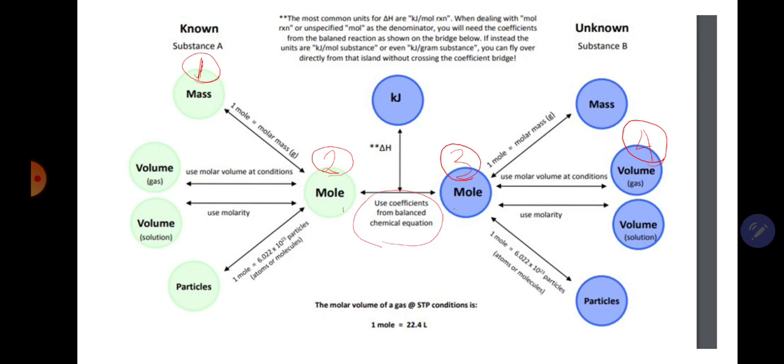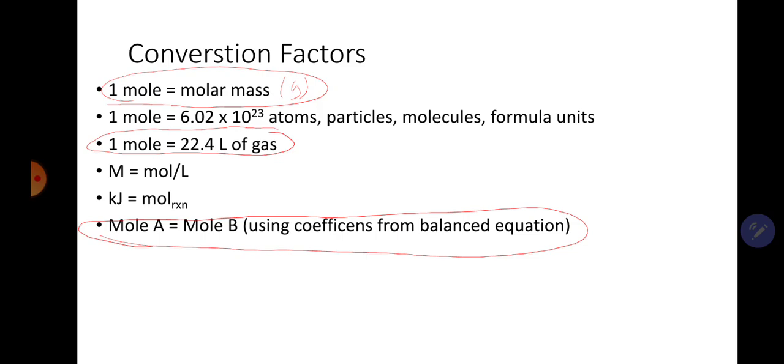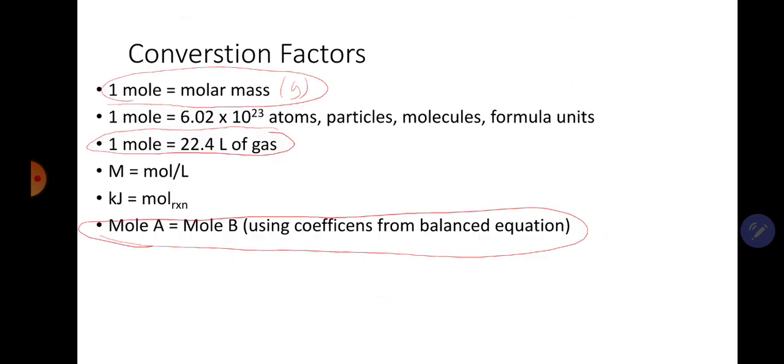The map says use coefficients from balanced equation. That's going to be this one right here. But at the end of the day, I don't want mole B. I want liters of gas. So I'm going to have 3 conversion factors I'm going to have to use. So we say we're going to mass, mole, liters.